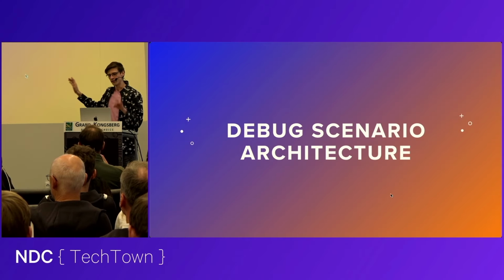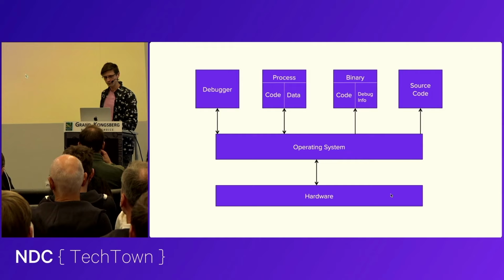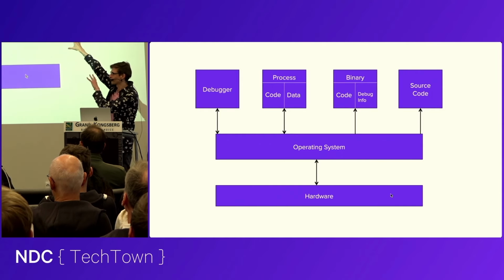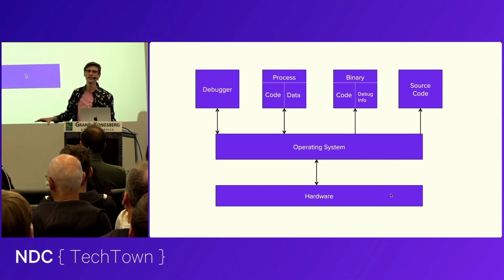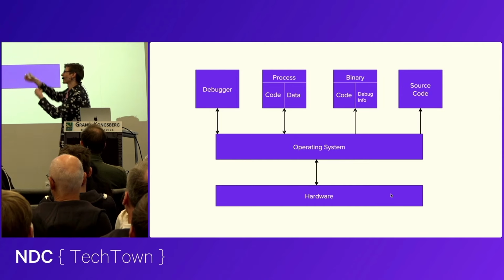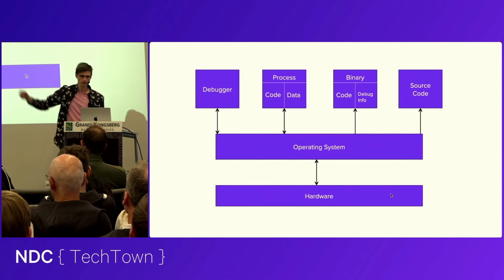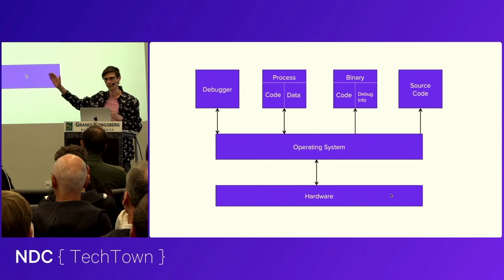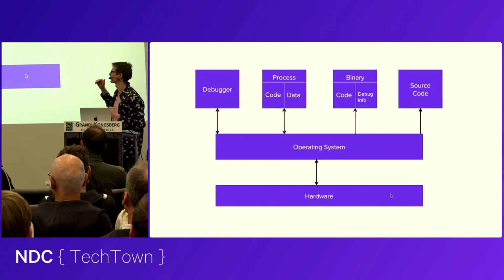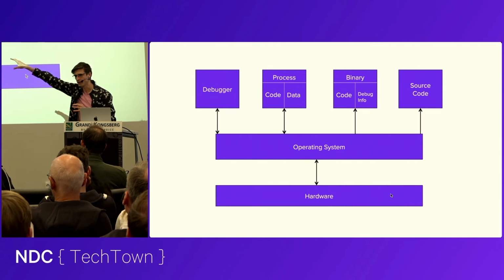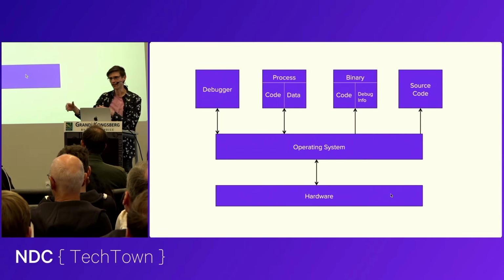So, our debug scenario architecture. These are the main system components that we care about when we're debugging. Not all of them, this is a bit simplified, but we have, of course, our debugger. We have the process we are trying to debug, which consists broadly of the code that is running and the data on which it is operating.